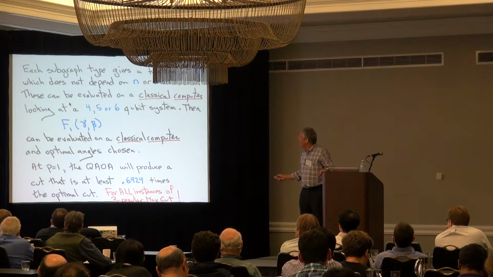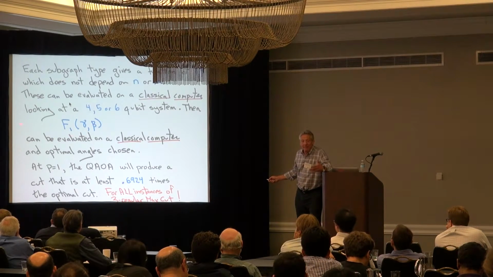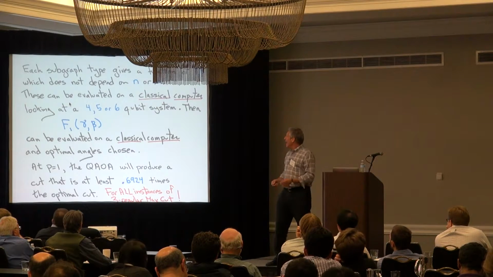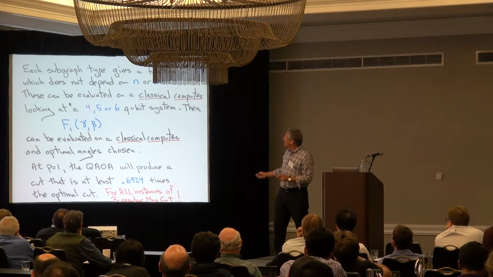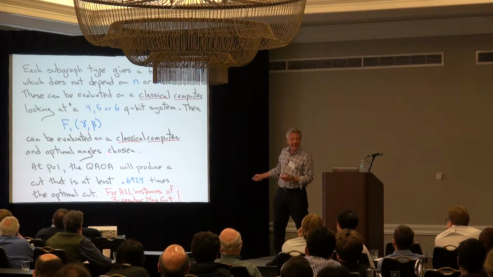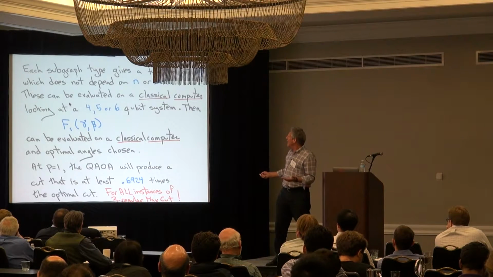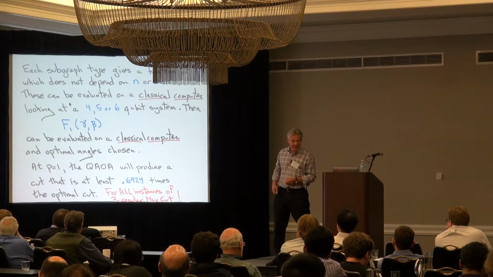And they can be evaluated. Then I can evaluate F1 of gamma and beta because I take the graph and I count the number of subunits which are of this type, or this type, and I add them up for any given graph. Then on a classical computer, I can evaluate this function and determine the best angles.